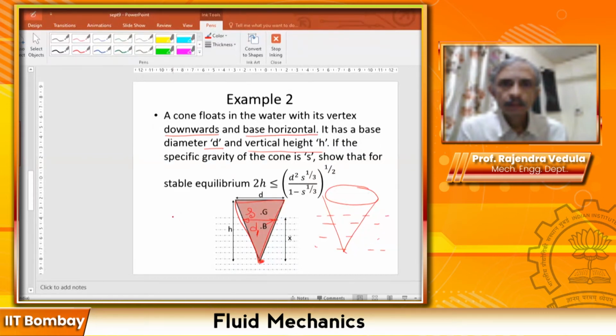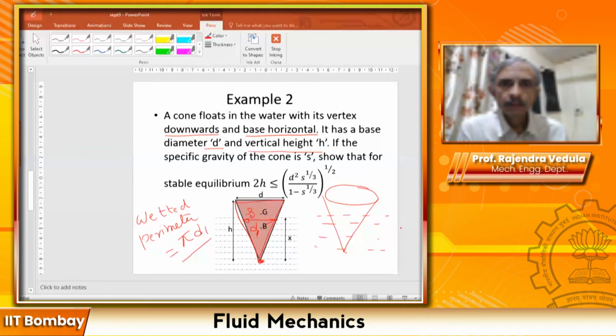It will be the circular region. There's no question about that, right? The reason why I am asking you about the wetted perimeter is because we need to be very clear about where to take the moment.